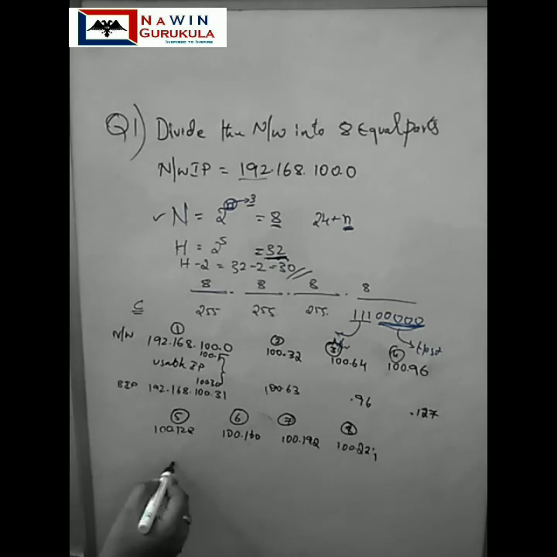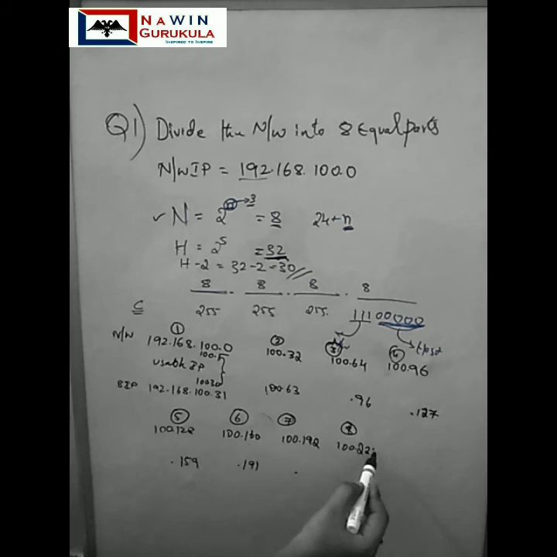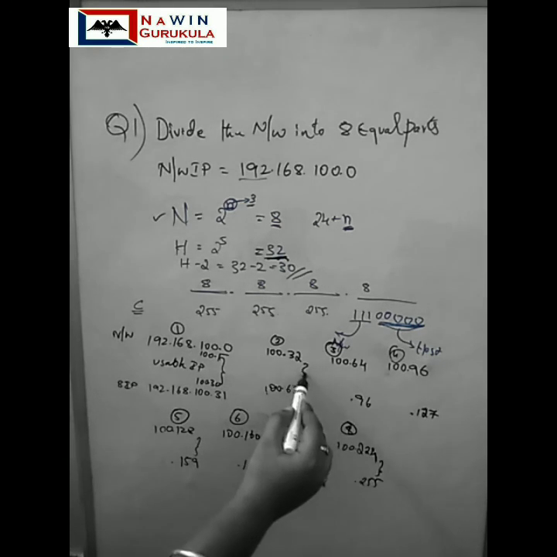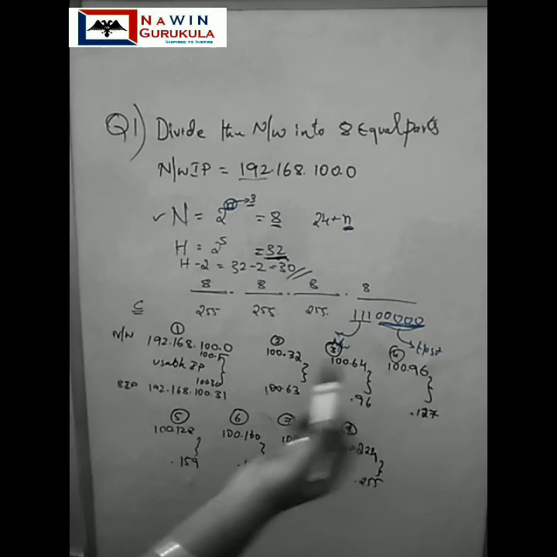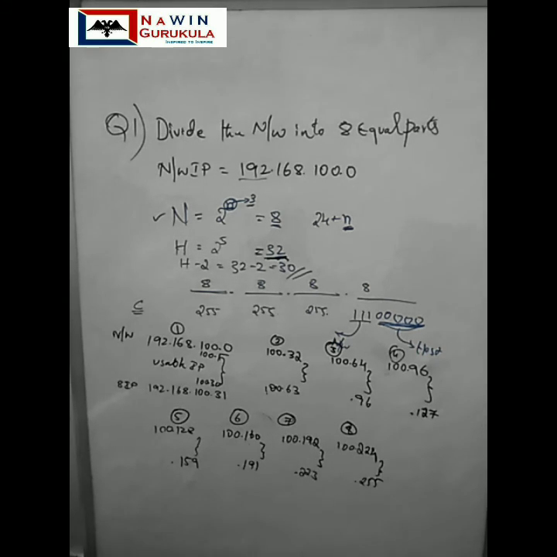In this case, for .160 here it is 159. Here, for 192, the next network IP, 191 will be the broadcast IP of this, and for 224 it is 223, and obviously the last one is 255. All the IPs which come in between are called the usable IPs, or the IPs which we can assign to the host. I hope you have understood how to solve this problem.